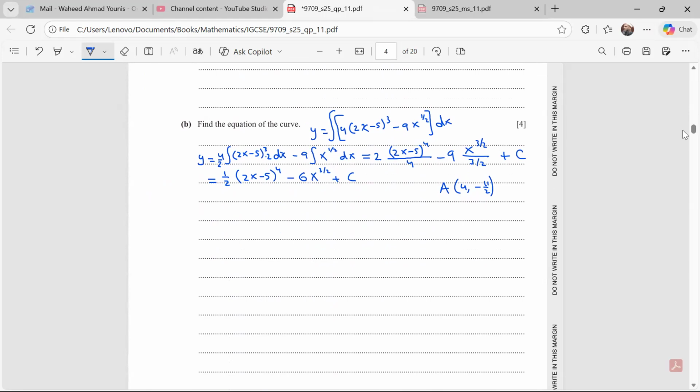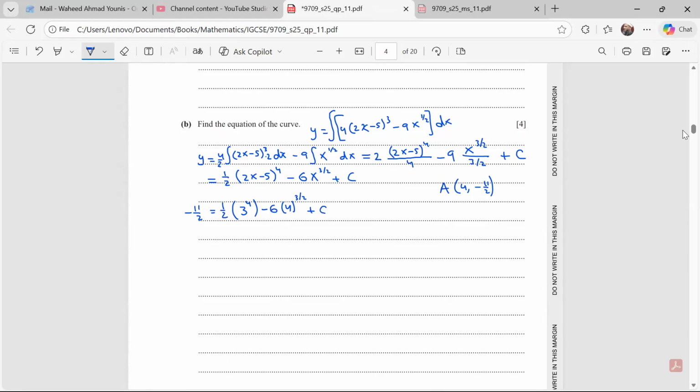So y is equal to minus 11 by 2 when x is 4. So it has become (8 minus 5) power 4 over 2, minus 6 times 4 power 3 by 2, plus c.